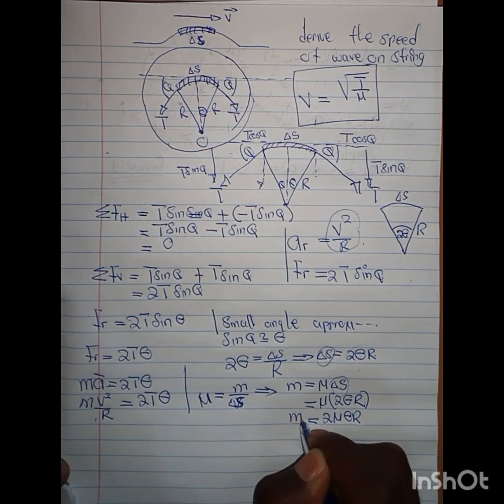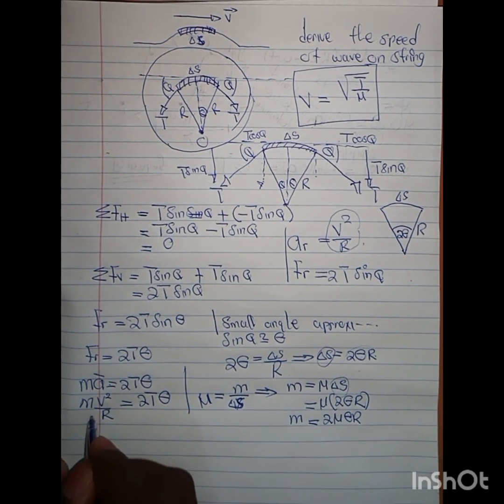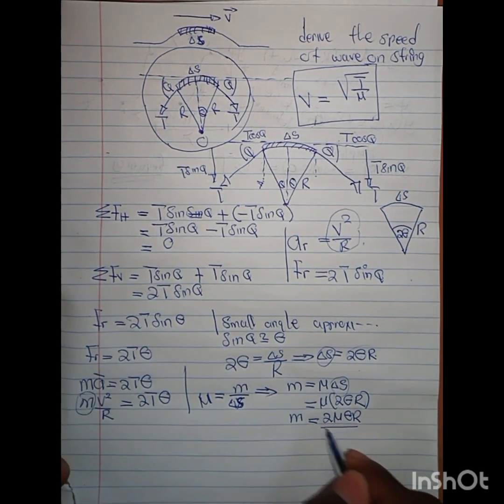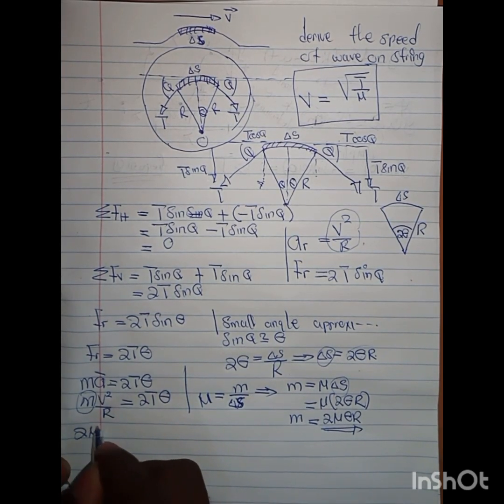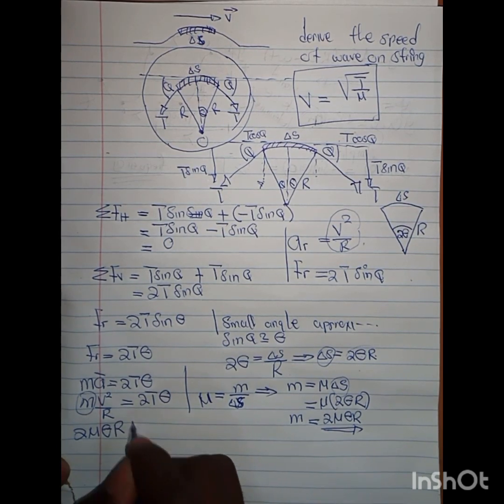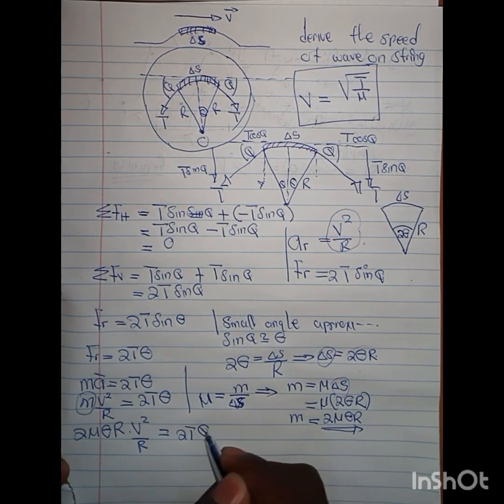So this is the mass of this element. Then now in place of m, we can have these terms over there. So this will be 2 multiplied by mu theta r, and then v squared over r. This is given by 2T theta.